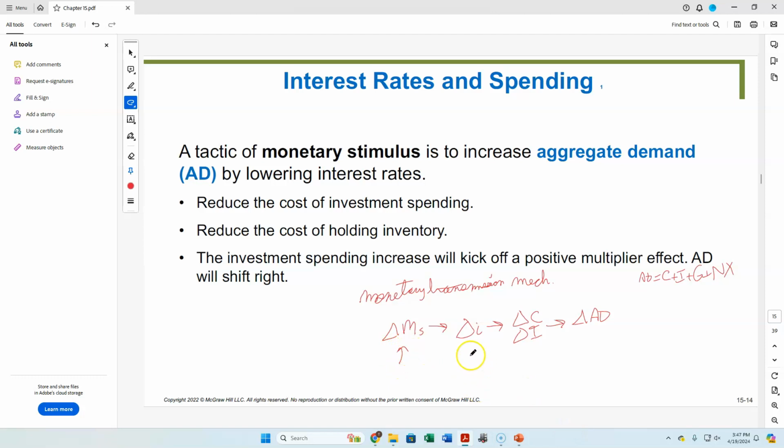So if I was to increase the money supply, then the interest rate would go down, which would cause consumption to go up and investment to go up, which would cause aggregate demand to go up. If I decrease the money supply, that's going to cause interest rates to go up, which causes consumption and investment to go down, which is going to cause aggregate demand to go down.